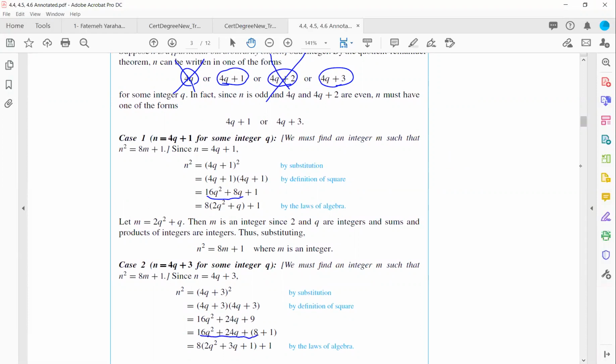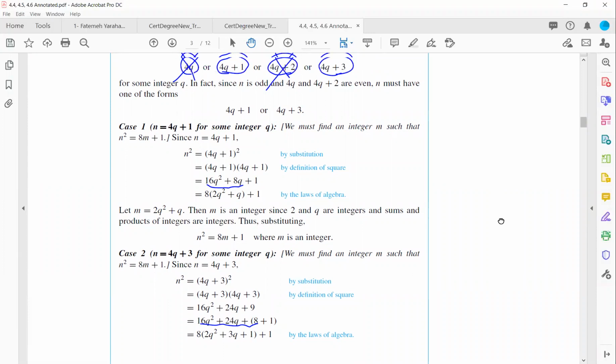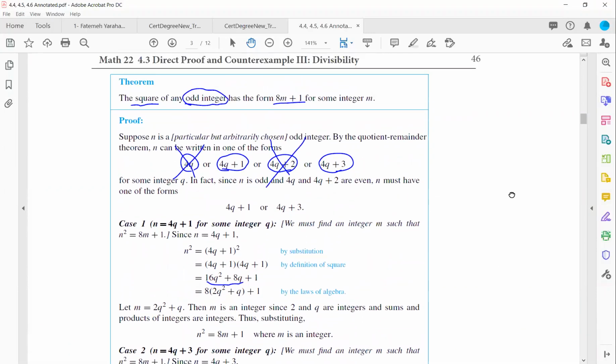Between these terms we can factor out 8, and we have 8 times an integer m plus 1. So in either of these cases, your integer has a square of the form 8m plus 1. As you can see, we're using the theorems that we proved before to prove a new theorem.